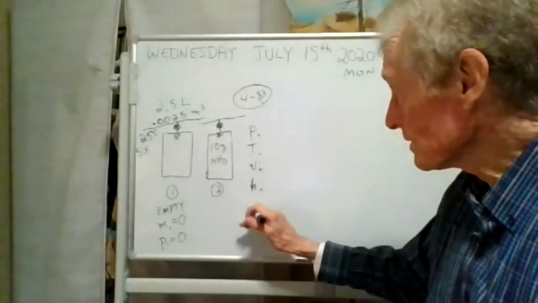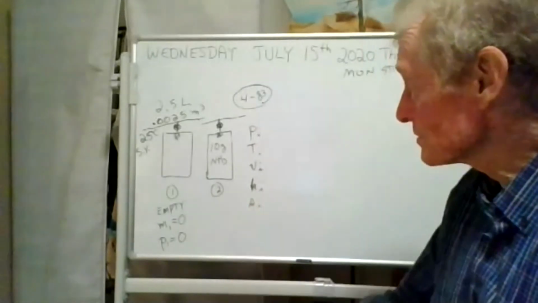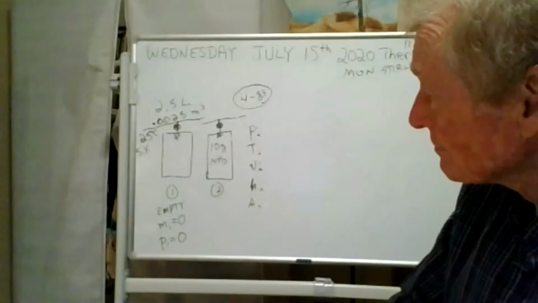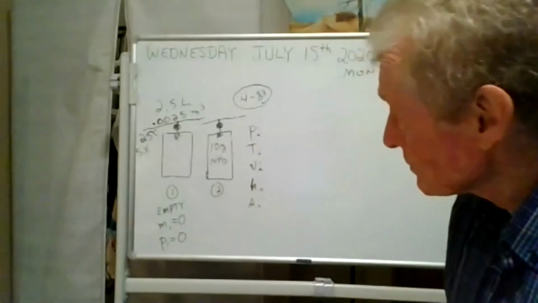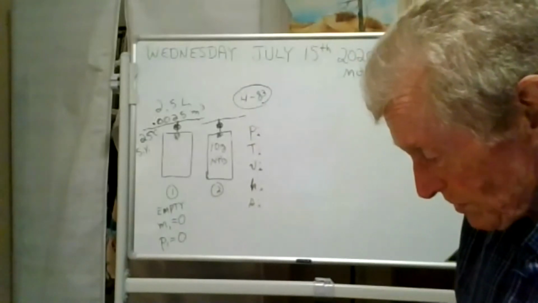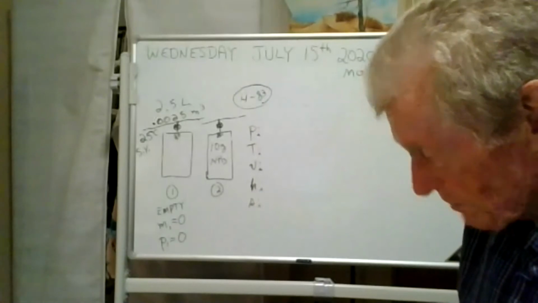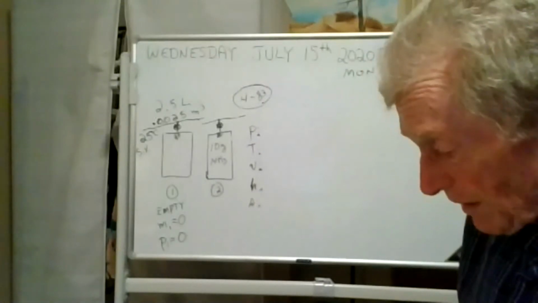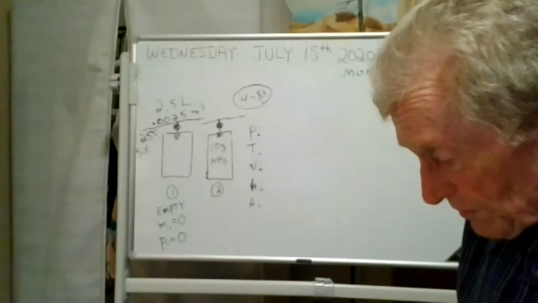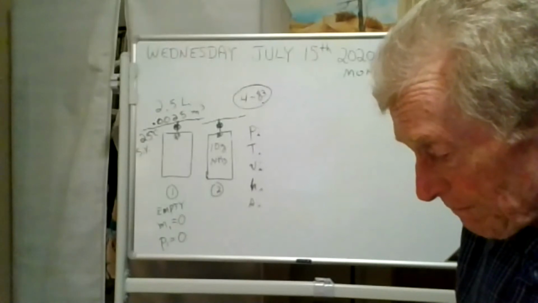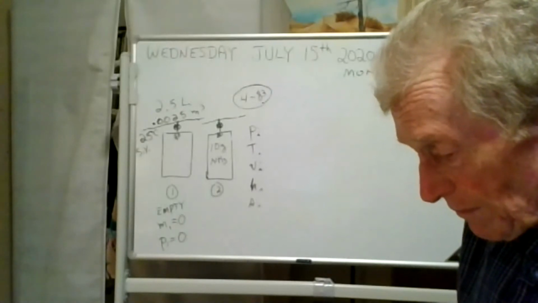I don't know if we need the incoming specific entropy, but we can write it all down. Let's do it. Now, to do that, we need to go to our ammonia table. Help me find the ammonia table. I'm digging through the ammonia table. Can you find the ammonia table?